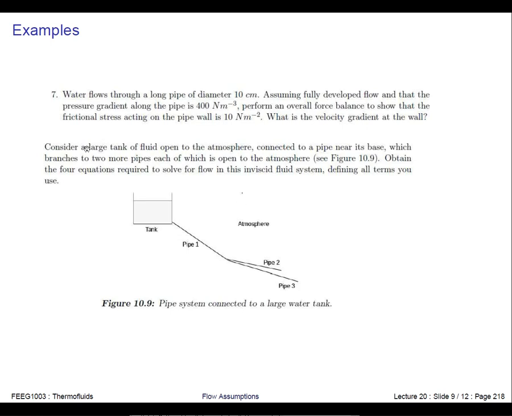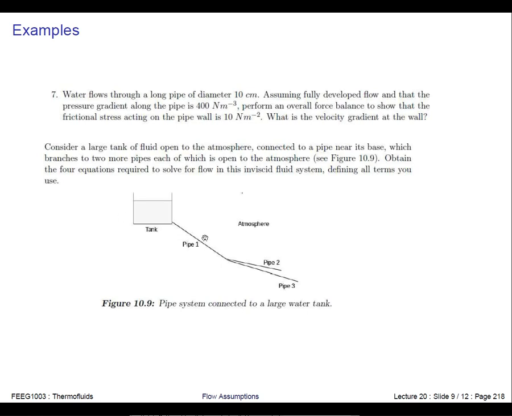The question says it's a large tank open to the atmosphere connected to a pipe at its base, so what is this question trying to give you? You know about hydrostatics, and you know that the pressure difference is rho g h, so there's a pressure difference between the height of this tank and the exit of this pipe, and between the height of the tank and the exit of that pipe.